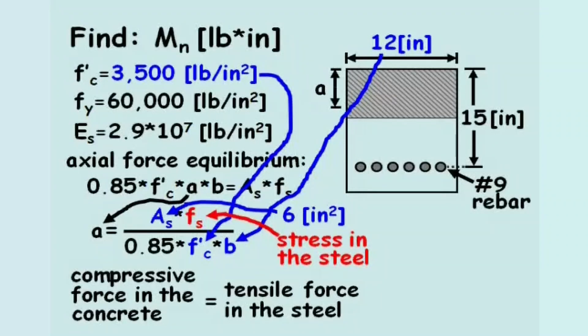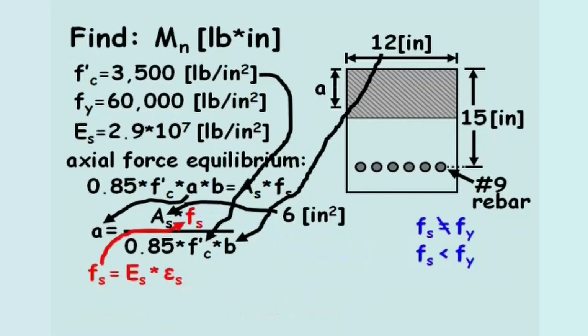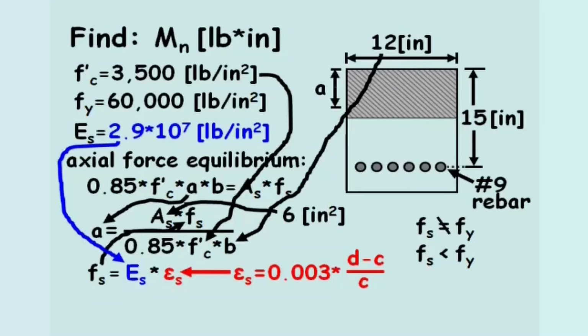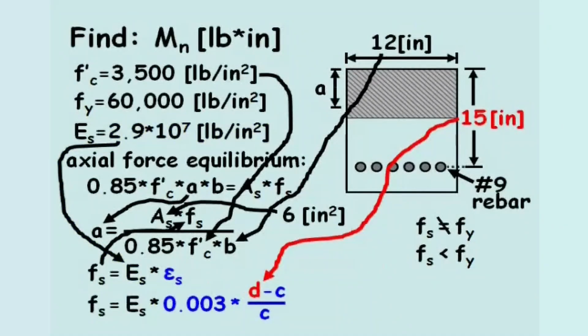This time, instead of assuming the stress in the steel yields, we'll equate the stress in the steel to the Young's modulus of the steel times the strain in the steel. We already know the Young's modulus in the steel, and we can use strain compatibility to equate the strain in the steel to 0.003 times the quantity D minus C over C. As before, D equals 15 inches.